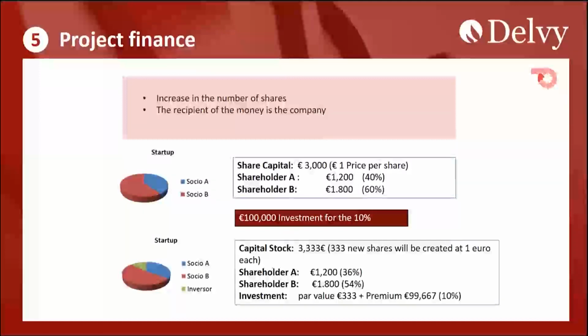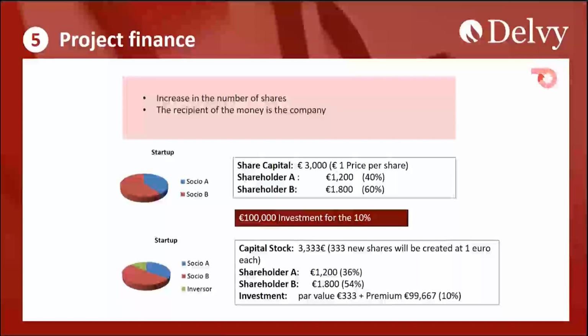So, this basically works the same way everywhere in general. When you incorporate a company, you have a number of shares that represent the share capital of the company. Here in Spain, 3,000 euros is the minimum share capital. So we have 3,000 shares that represent the ownership of the company.